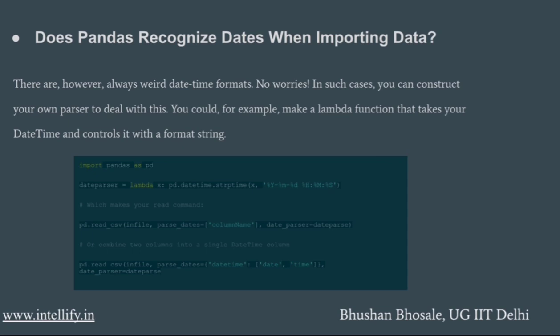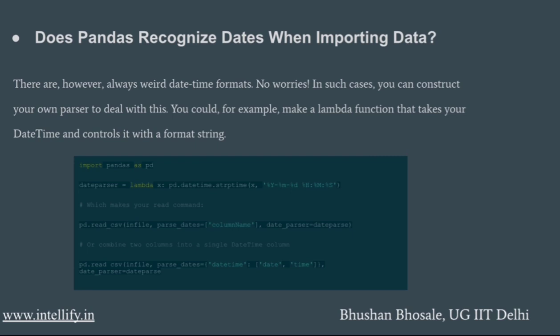Import pandas as pd, and then data_parser equals lambda x: pd.datetime.strptime with year, month, date, hours, minutes, seconds. Then your read command becomes pd.read_csv(file, parse_dates=column name, date_parser=data_parser).